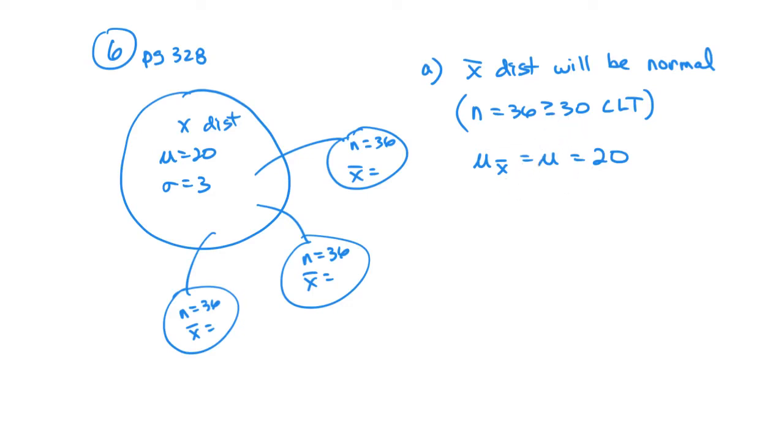So that's the same. Then we've got a formula here. The standard deviation of the x-bar distribution is the standard deviation of the original distribution divided by the square root of n. So the standard deviation of this x distribution is 3 divided by the square root of n, which is the square root of 36.